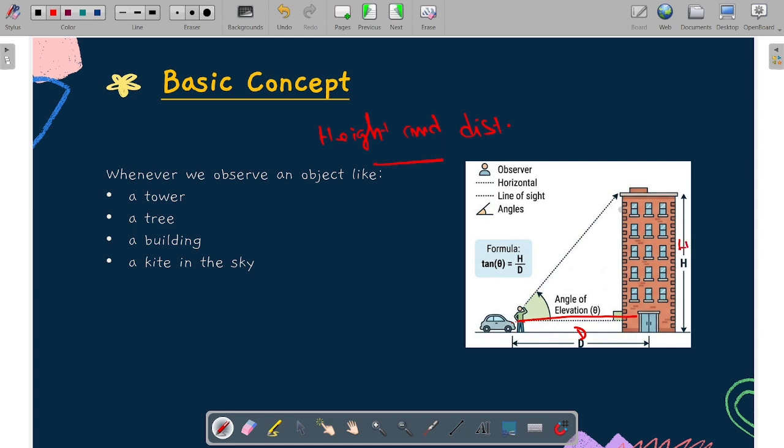So this makes a right angle triangle. Now we can solve this type of question by trigonometric ratios like tan theta. Tan theta means perpendicular by base. Perpendicular is height and base is the distance from the object.